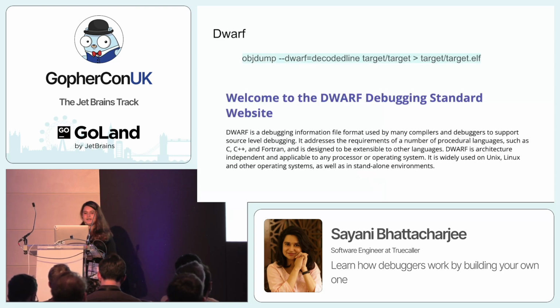Another thing which is very interesting is the DWARF notation. The DWARF notation is independent of language. As you can see, all languages support it. It's just the way a debugger reads from the DWARF file whenever it runs.